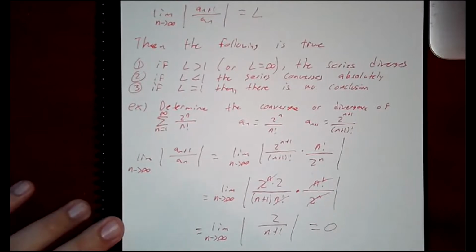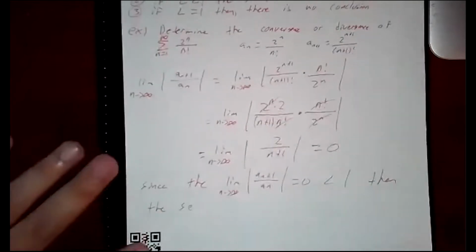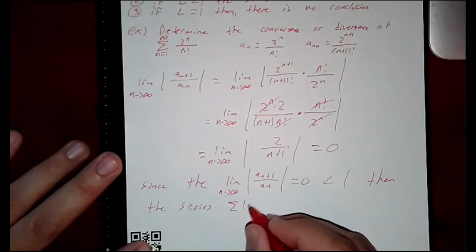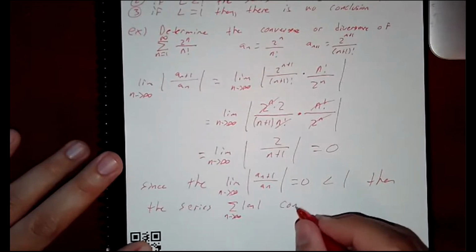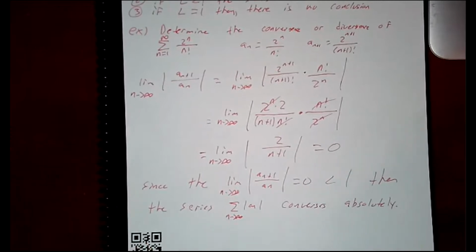Convergence: since the limit of a_(n+1) over a_n as n goes to infinity is equal to 0, which is less than 1, we would have to put that the series converges absolutely by the ratio test. We should.